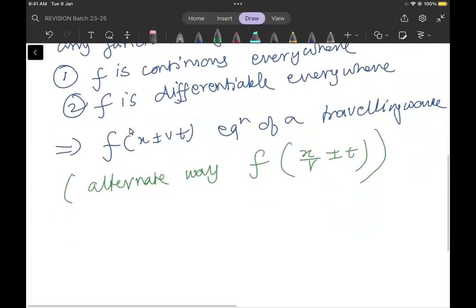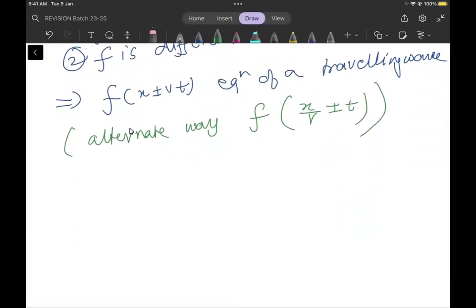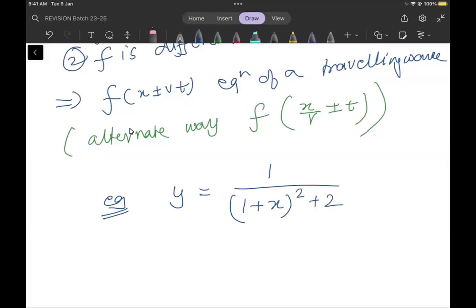तो a function which is y is equal to 1 upon 1 plus x whole square plus 2, right? So this is a wave equation.